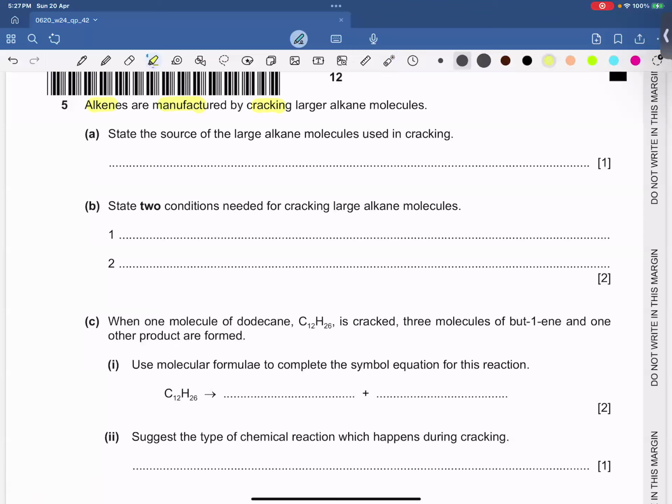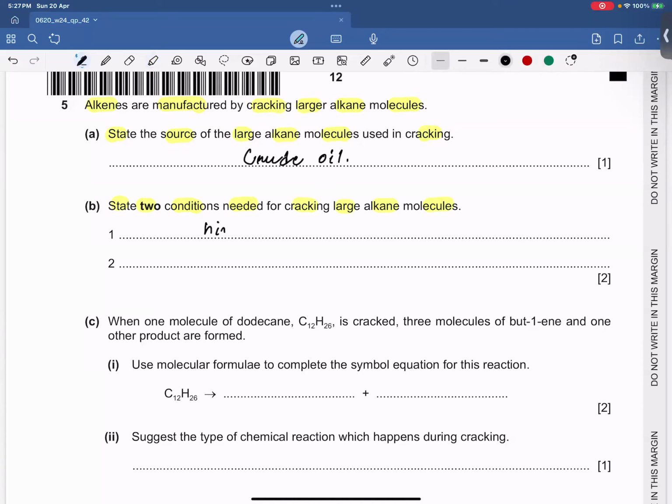Alkenes are manufactured by cracking larger alkane molecules. State the source of the large alkane molecules used in cracking. Crude oil. Next, state two conditions needed for cracking large alkane molecules.